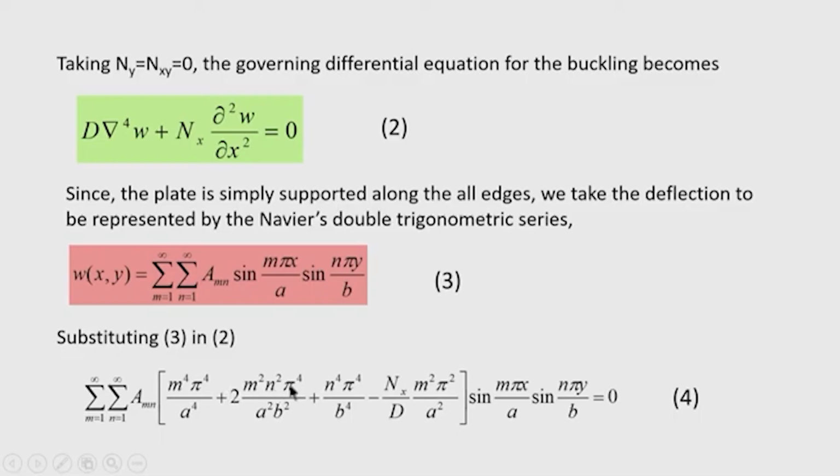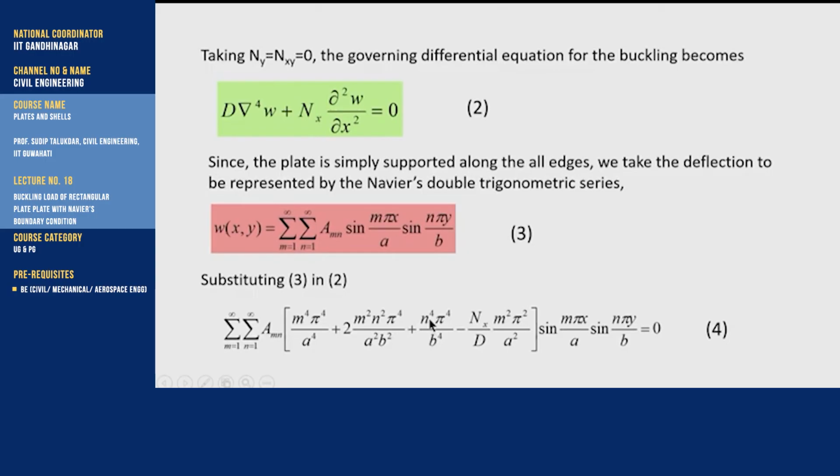So, 4 into 1 pi to the power 4 divided by a square b square, of course, 2 is there here. Again here n we have taken 1. So, pi to the power 4 divided by b to the power 4, and n x by d m we have taken 2. So, it is 4 into pi square by a square into sin 2 pi x by a sin pi y by b equal to 0.